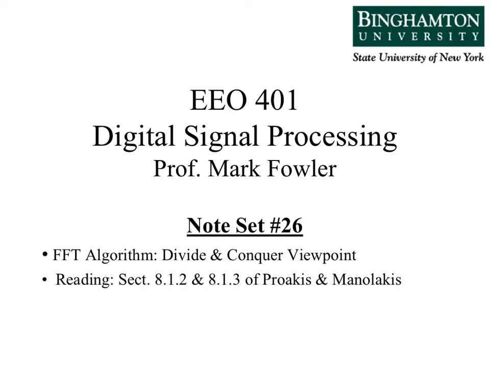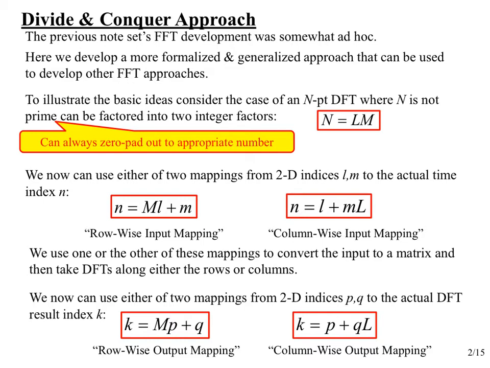We won't see everything about FFTs here, but we'll lay the groundwork, and if you ever need to go into more detail, you'll have that groundwork to draw on. This is drawn from two sections of Proakis and Manolakis, and off we go.